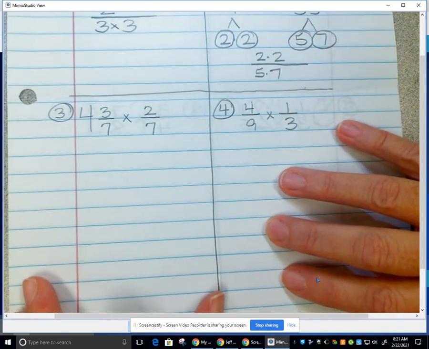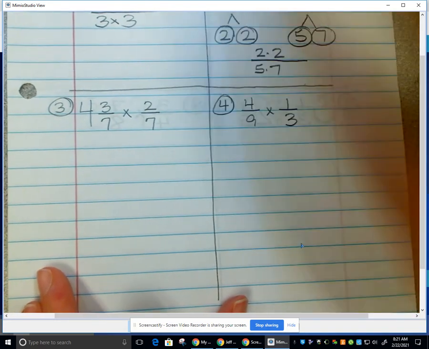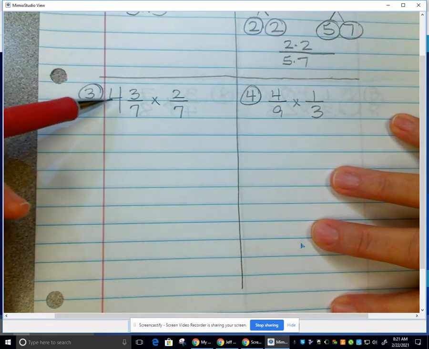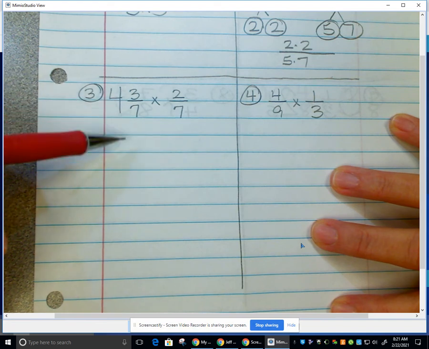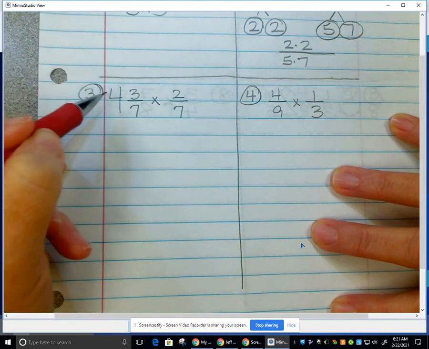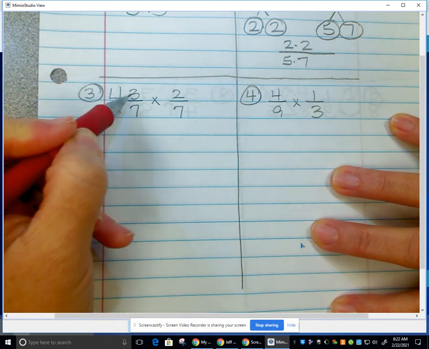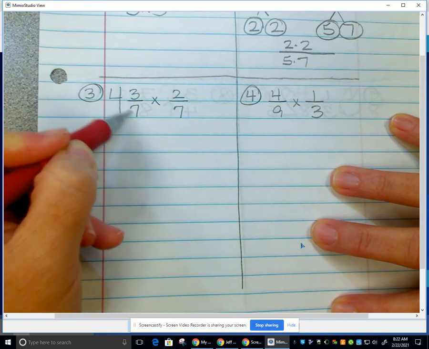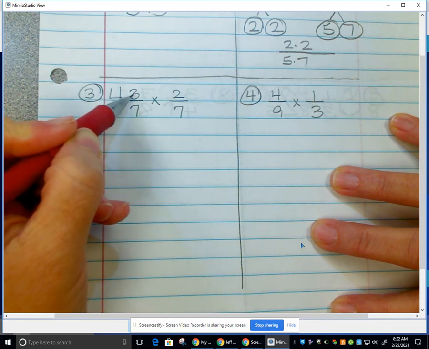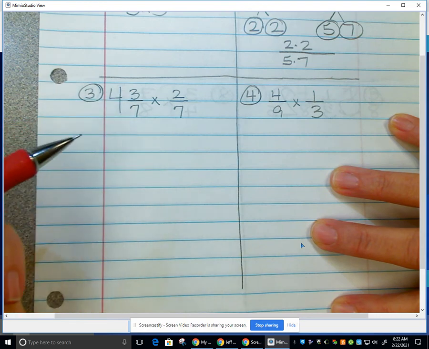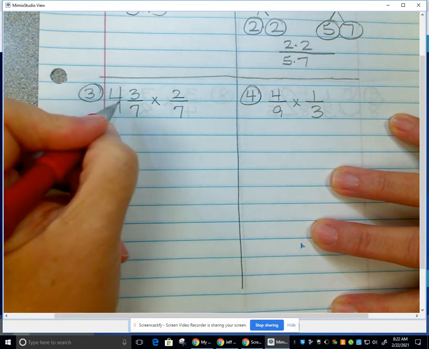Okay, number 3. This is a little different than what you're used to seeing. I've got a mixed number right here. Before I can multiply this, I have got to turn this mixed number into an improper fraction. So remember to do that. Multiply these, add the top, and keep the same denominator.